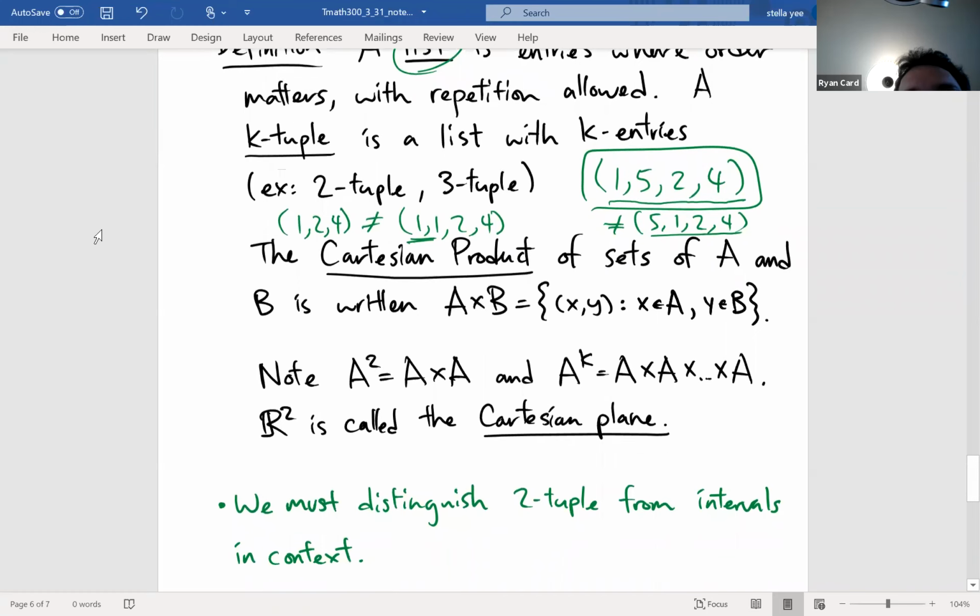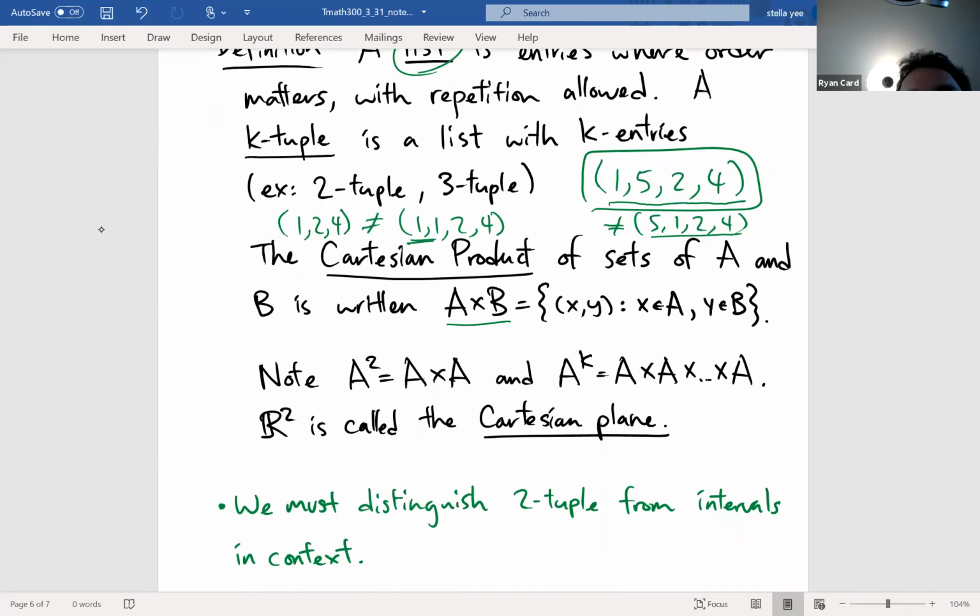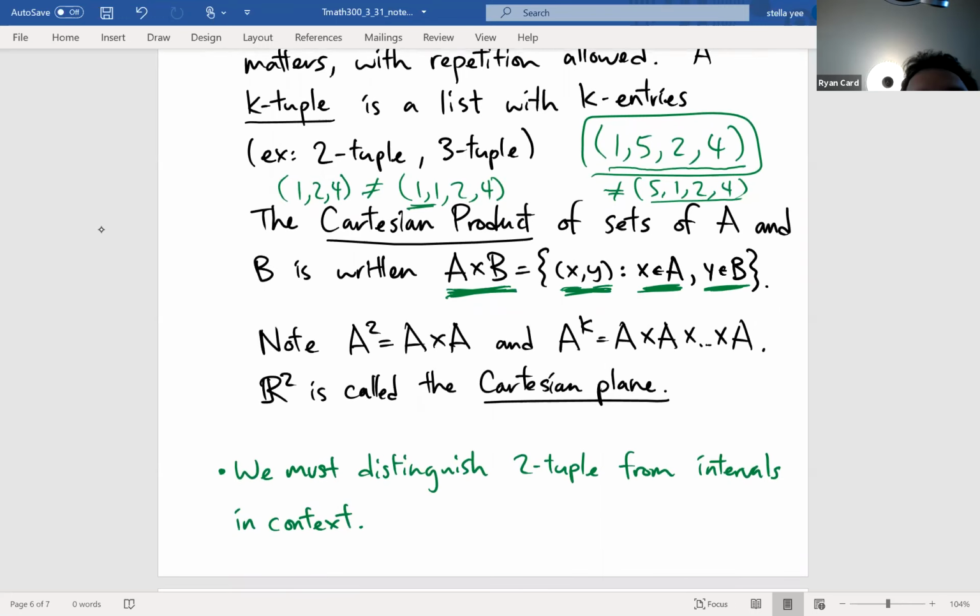If you have 2 sets, you could write down what's called a Cartesian product. So A cross B is all tuples where the first coordinate x belongs to the first set A, and the second coordinate y belongs to set B. And you could write exponents of a set as well.